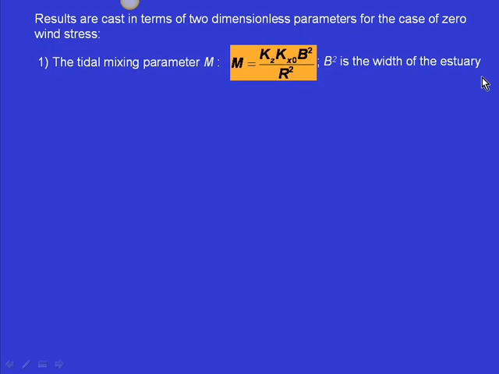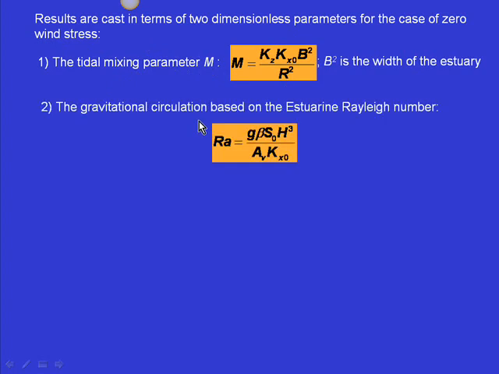B is the width of the estuary, and R is the river discharge. So this is how effective the tides are in diffusing the salt in the estuary. This is a measure of the diffusivity of the system caused by tides. How efficient are the tides in causing salinity to be mixed along the basin? Okay, so that's from the tides.